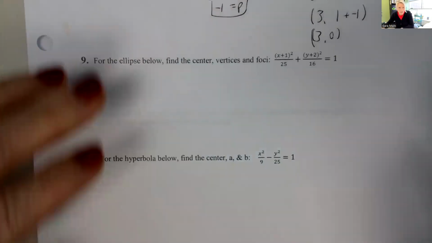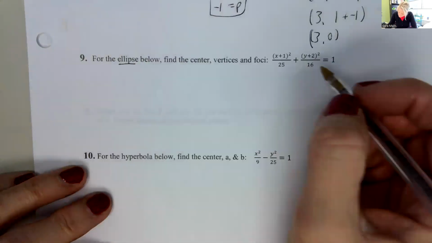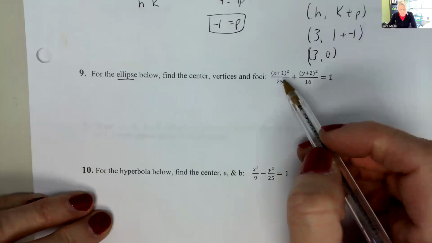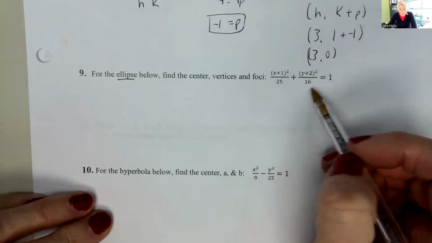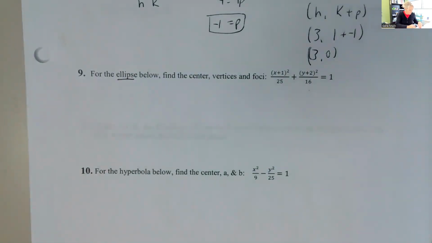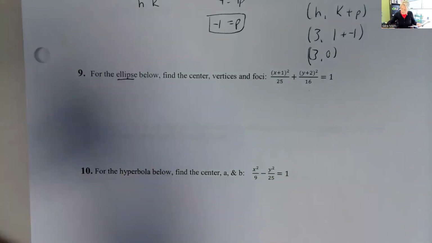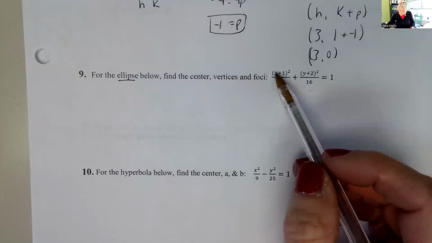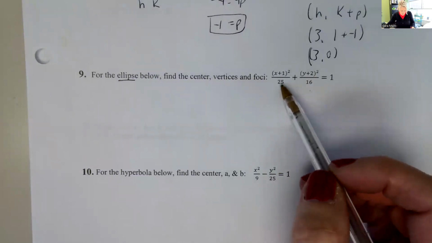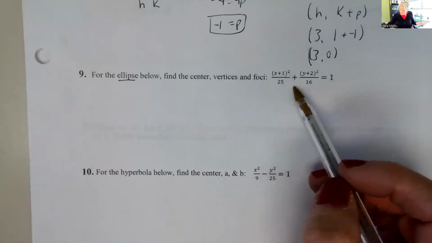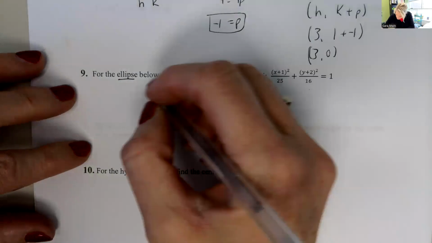Then problem number 9 is an ellipse. An ellipse is when A is always bigger than B, which is always bigger than 0. That is in lesson 9.2. We can tell that this one is a horizontal ellipse because A is under the x, which is on the horizontal axis.